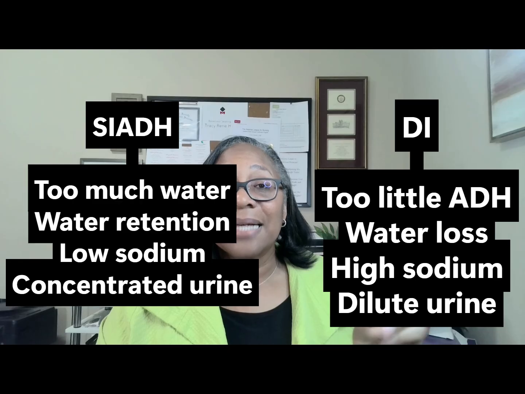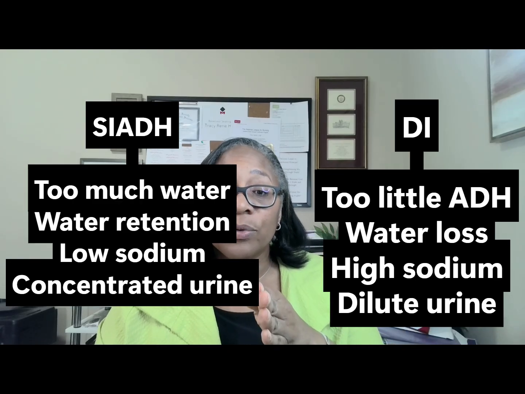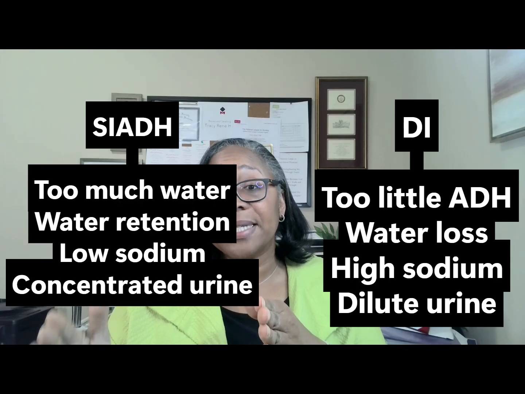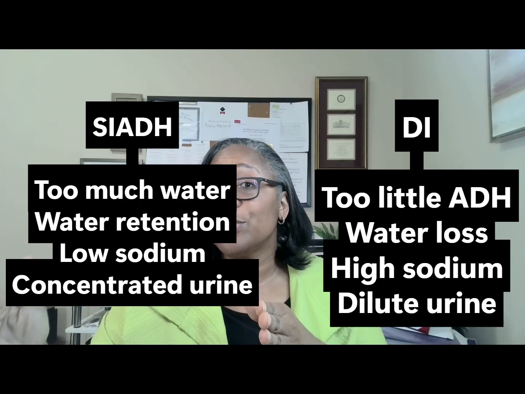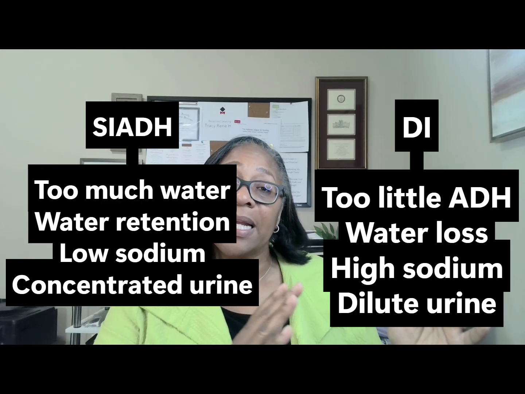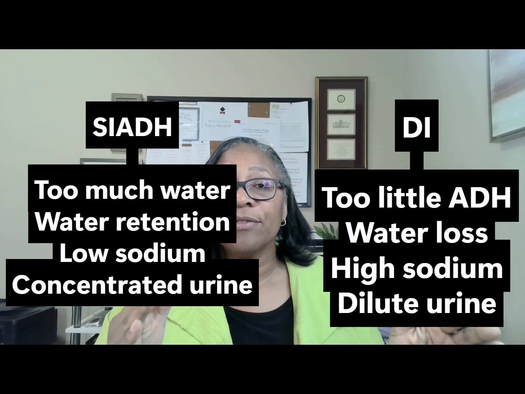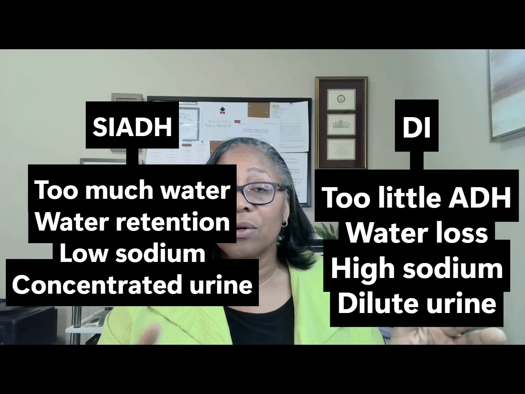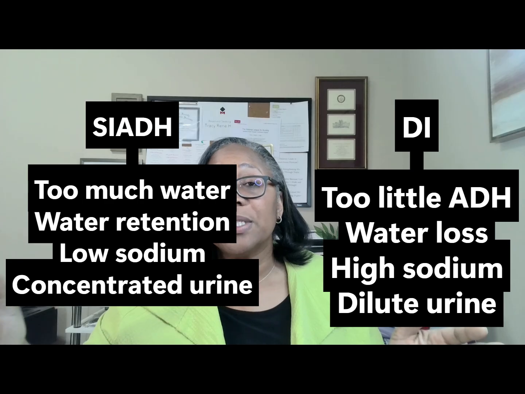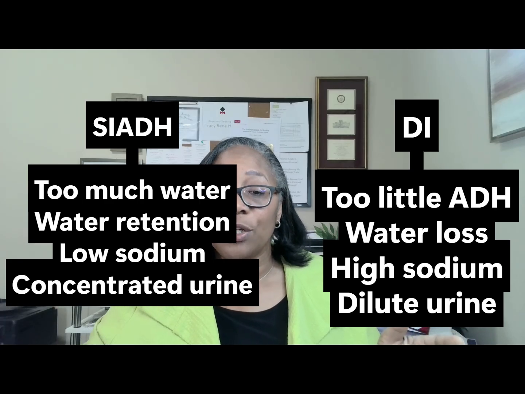So let's put them side by side. SIADH, too much antidiuretic hormone, which leads to water retention, which leads to low sodium and concentrated urine. And then when we're looking at diabetes insipidus, you're going to have too little ADH or antidiuretic hormone, which leads to water loss, high sodium, and diluted urine.